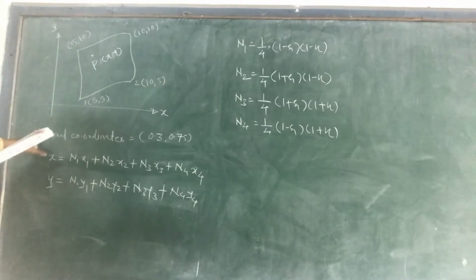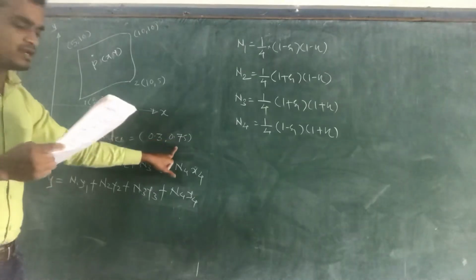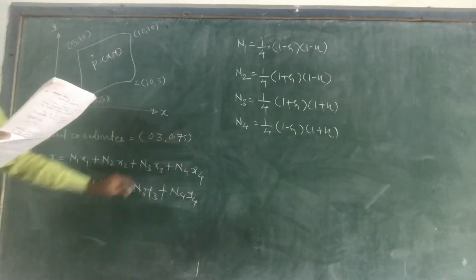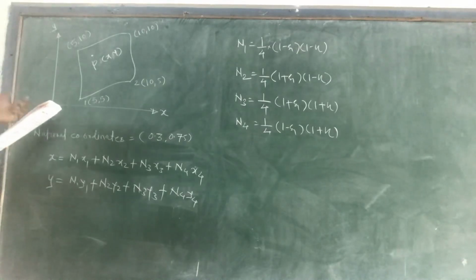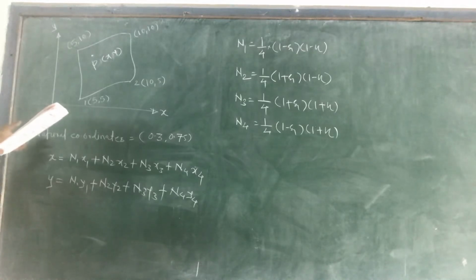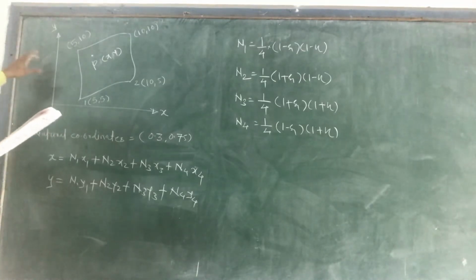Okay, so the natural coordinates for this rectangular system are given as 0.3 and 0.75, as shown in the figure. Then determine the global coordinates x and y for this point P as shown in the figure.